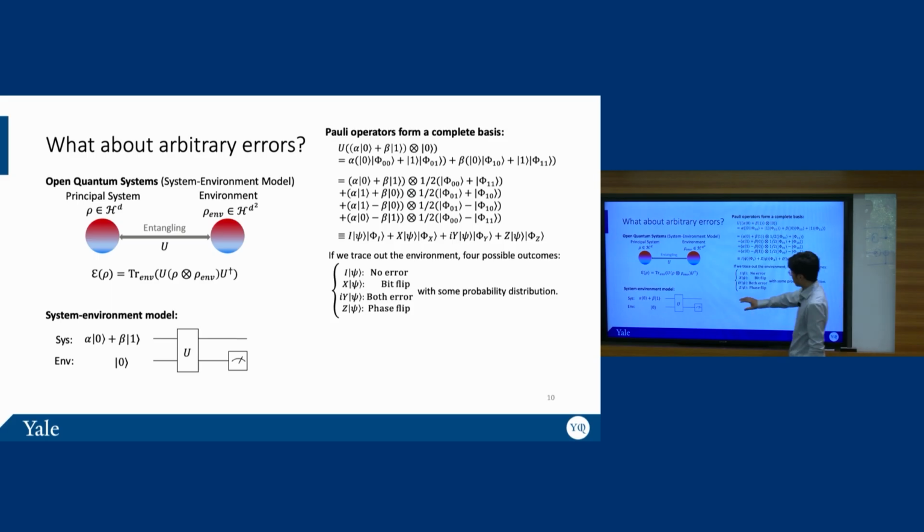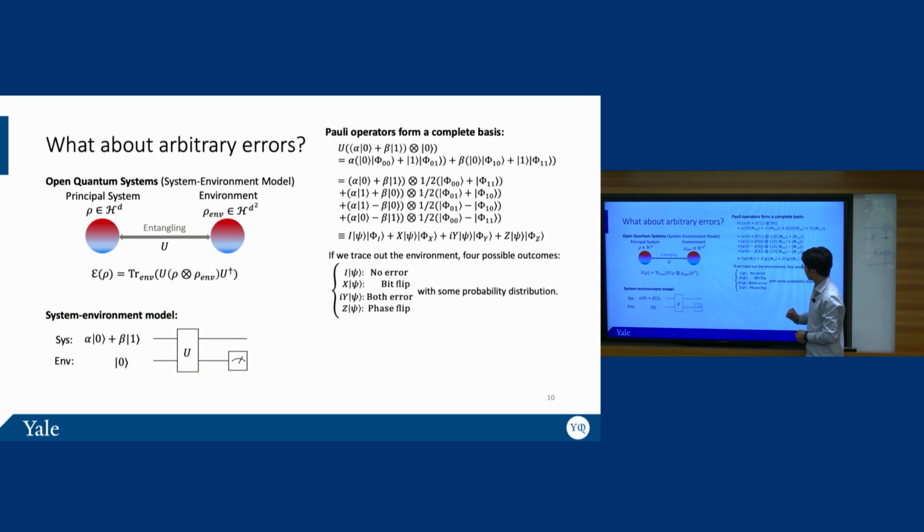But as I said, because we don't have control over the environment, it's no different from tracing it out or measuring it without telling you the measurement result. This quantum state will now become a probabilistic mixture of the Pauli operator outcomes. So with some probability distribution, you'll have the no error, or bit flip error, or phase flip error, or both.